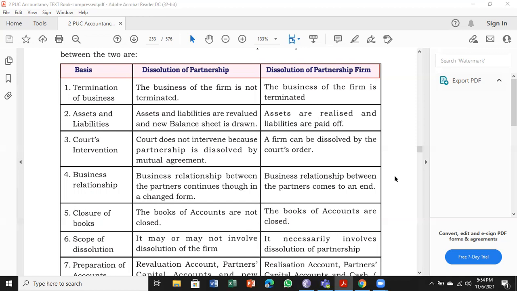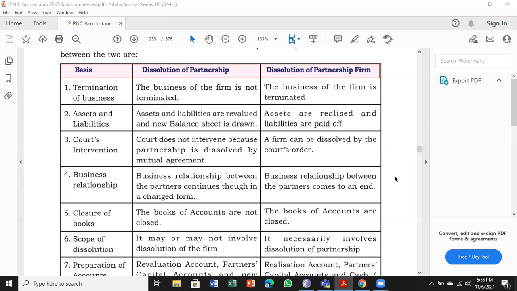That is in case of admission, retirement, death. That is dissolution of partnership. Only the partnership agreement will change. One partner may come, one partner may go, but the business will continue in the same name. Whereas dissolution of partnership firm means close the business. Business name is closed, business accounts are closed. The relationship between the partners is also going to close.